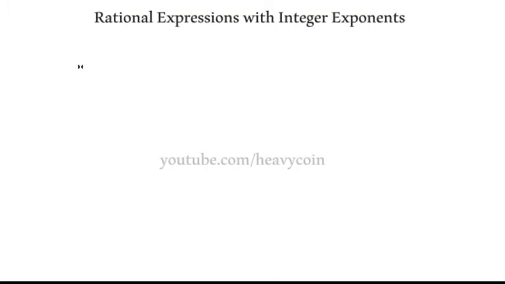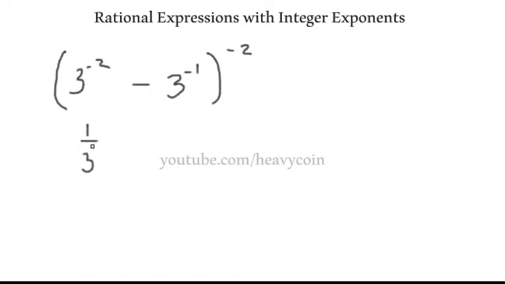Alright, let's see if you can get this one here. This is 3 to the negative 2 minus 3 to the negative 1, and it's all raised to the negative 2. So I can rewrite this as 1 over 3 squared minus 1 over 3.